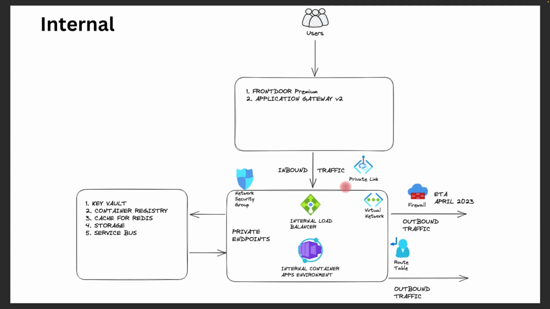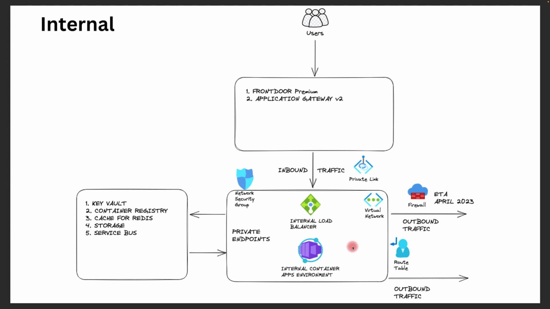On the other hand, the internal environment, as we mentioned, has an internal load balancer. So the options that we have: we can create a private link, and we can use FrontDoor Premium or Application Gateway. In the demo later, we will deploy FrontDoor Premium, which will be linked with our VNet with private link.